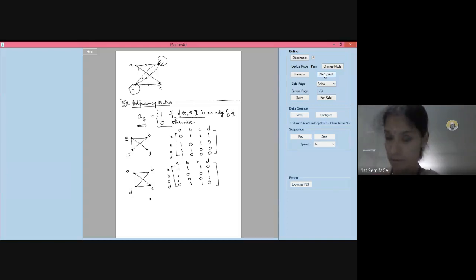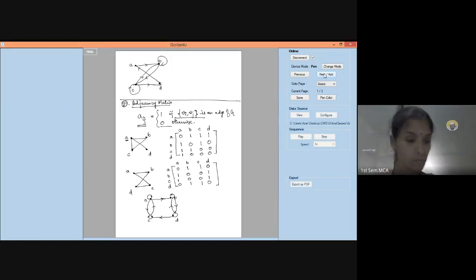I want you all to try this, A, B. Note down this graph, write it down and write the adjacency matrix for this.